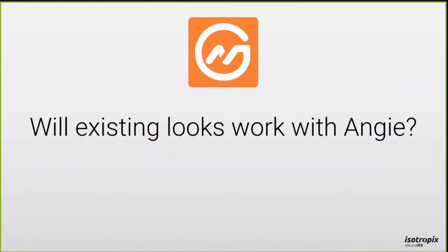Will existing looks work with Angie? So for now, no, it won't, but in simple cases, such as converting settings from an Autodesk standard material created for the Claris renderer right now, it should translate very easily to Angie. However, things are way more difficult as soon as the material is connected to texture nodes.